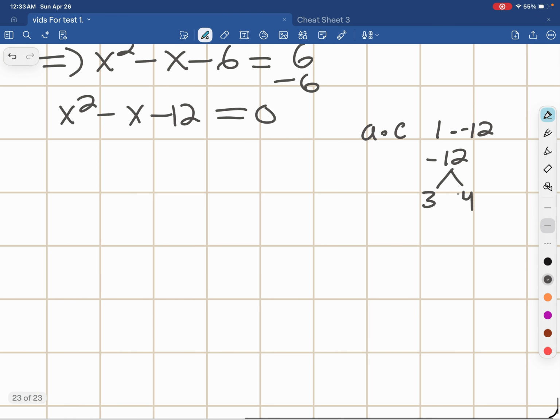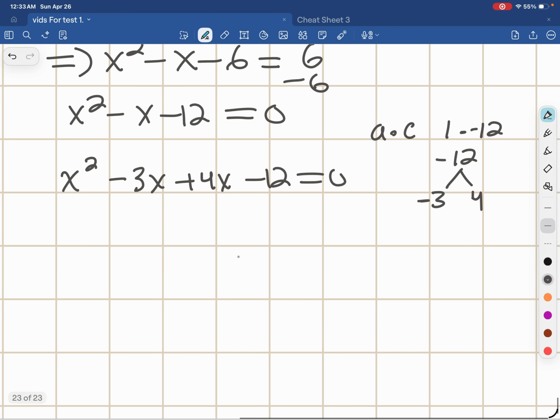So it has to be positive 1, so we do negative 3, because negative 3 plus 4 would be 1. So let's pair this up. So we'll do x squared minus, let's try 3x right here, plus 4x minus 12 equals 0.